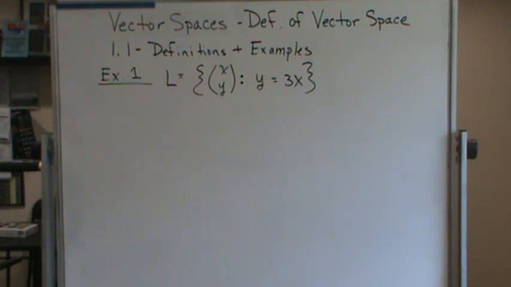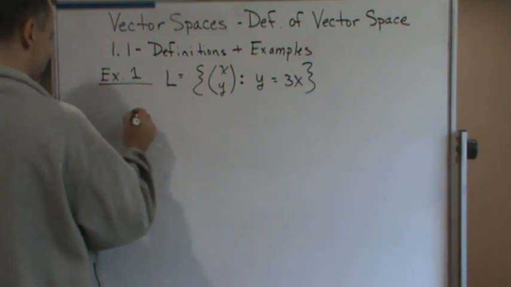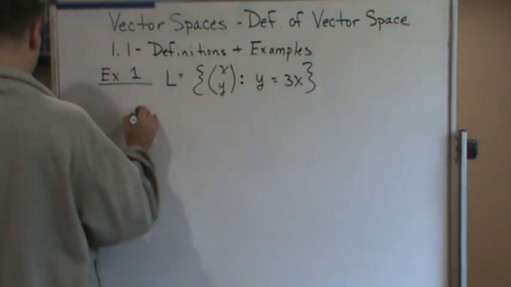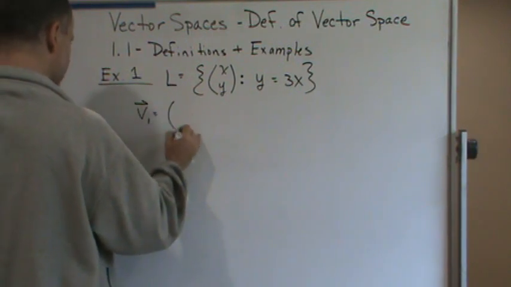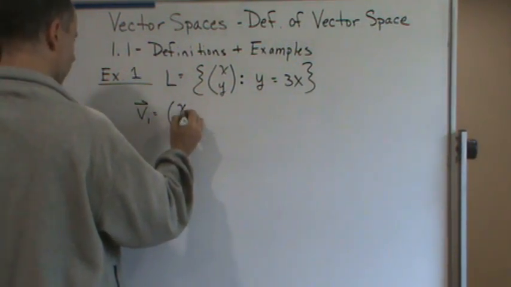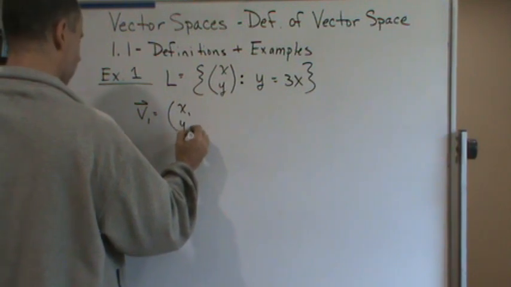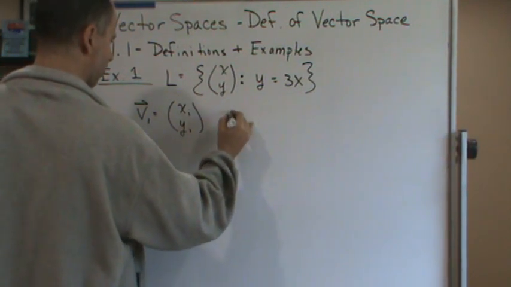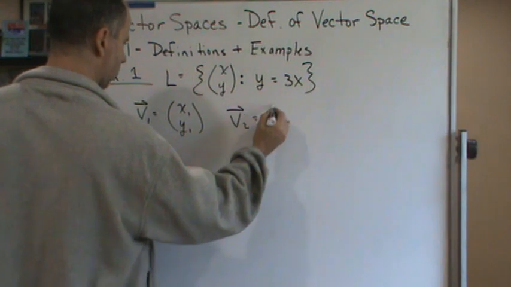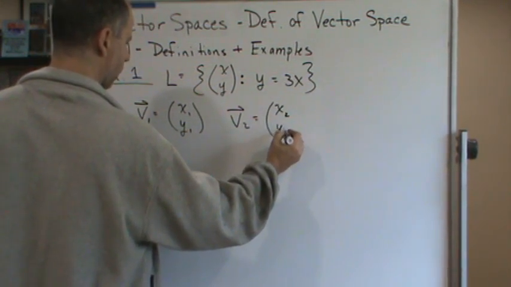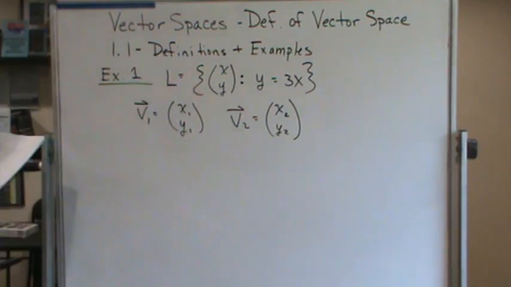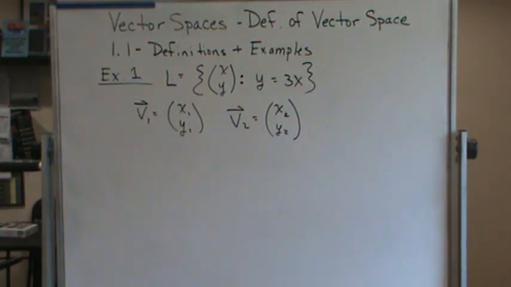So we're going to do closure under addition. Okay, suppose that we have V1 is equal to (X1, Y1), and we have V2 which is equal to (X2, Y2).